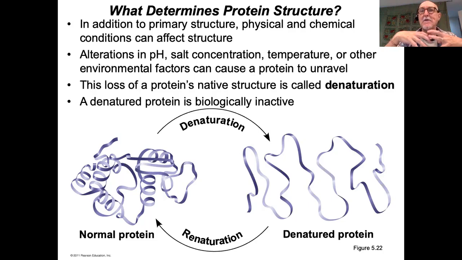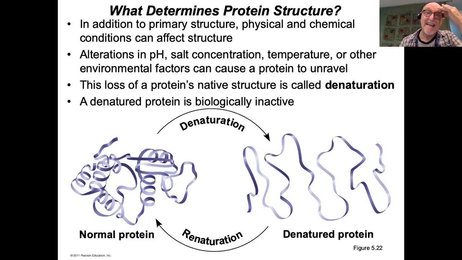And very often we'll find that the proteins have an optimal pH, an optimal salt concentration, an optimal temperature at which they work best. And if we change those conditions, they stop working well, or else we can change the conditions so radically that the protein actually kind of unravels, or other drastic things happen to the shape of the protein, and it no longer functions.